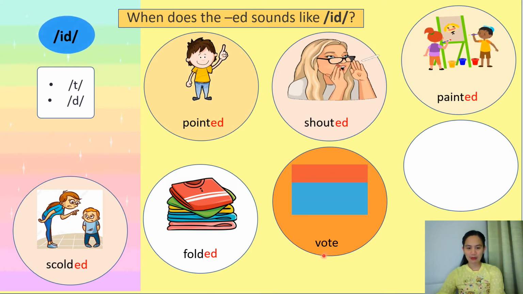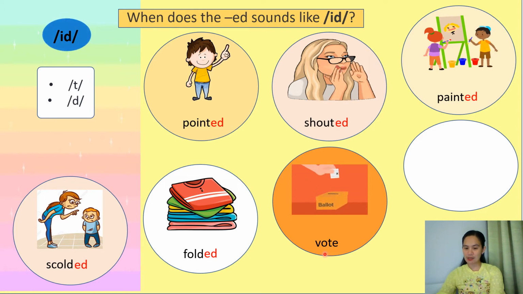Next word, we have the word vote. So the last sound is the sound of t, vote. Take note that it's not the letters that you can see, but the sound that you can hear. T is the last sound. So let's try to make it into past tense by adding only d at the end.